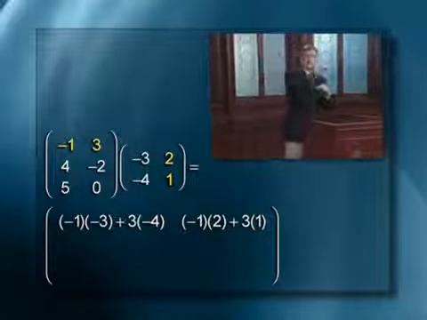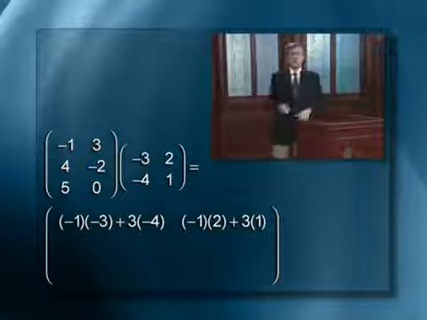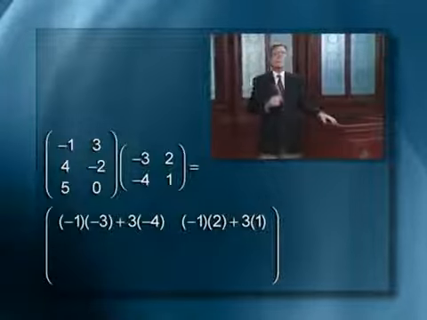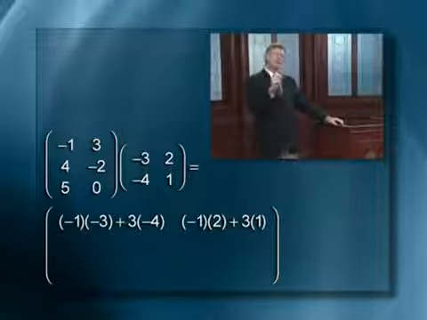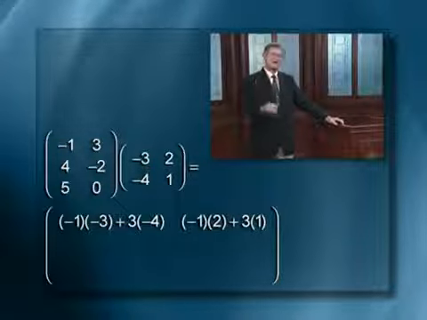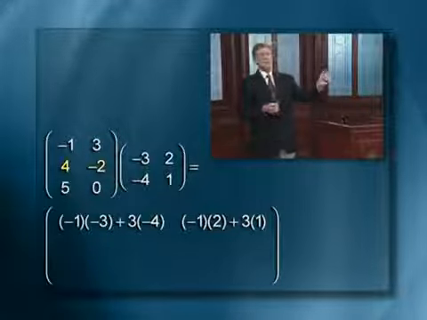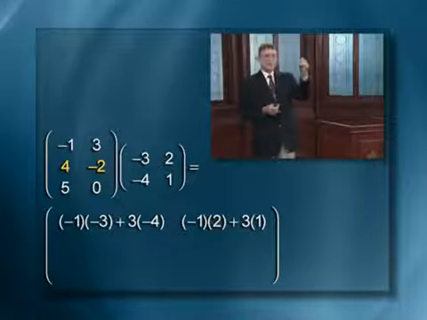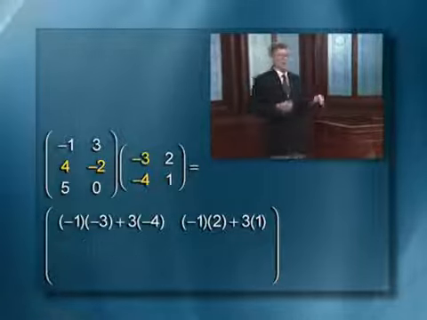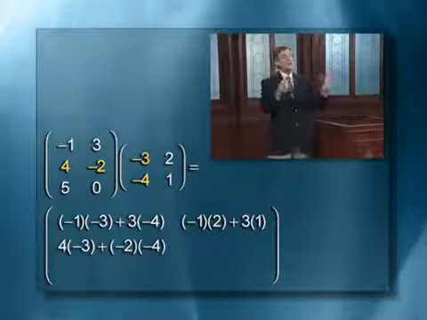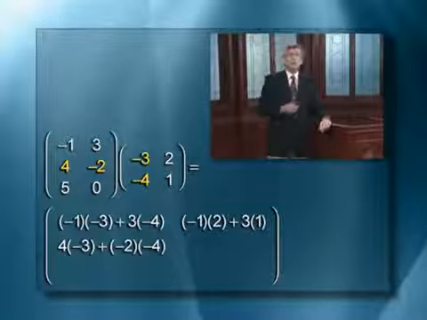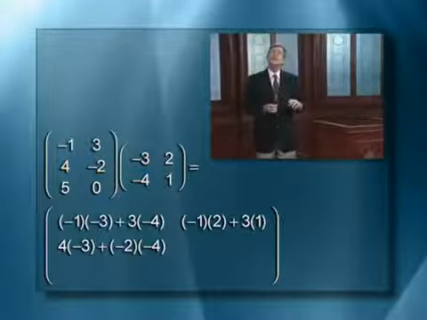So we multiply across the row times the corresponding column. Let's try one more. How about second row, first column of the answer? That would be the second row of the left-hand matrix times the first column of the right-hand matrix. 4 times minus 3 plus minus 2 times minus 4. And you continue in this way.